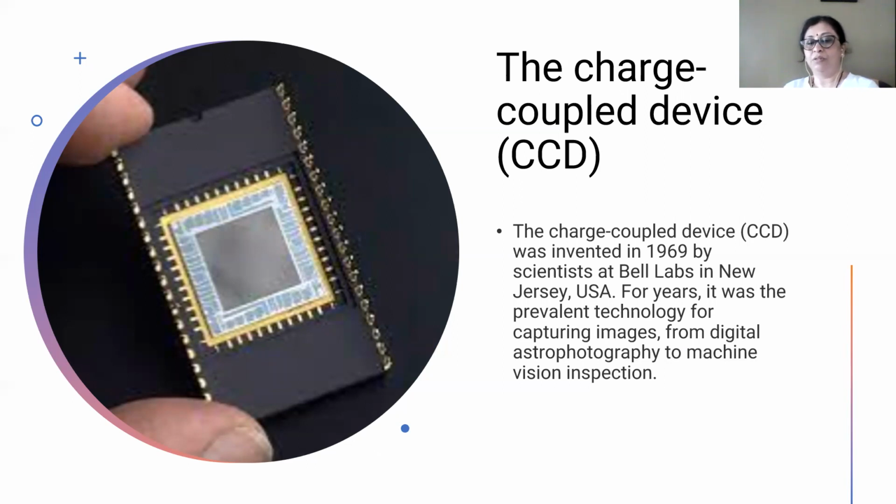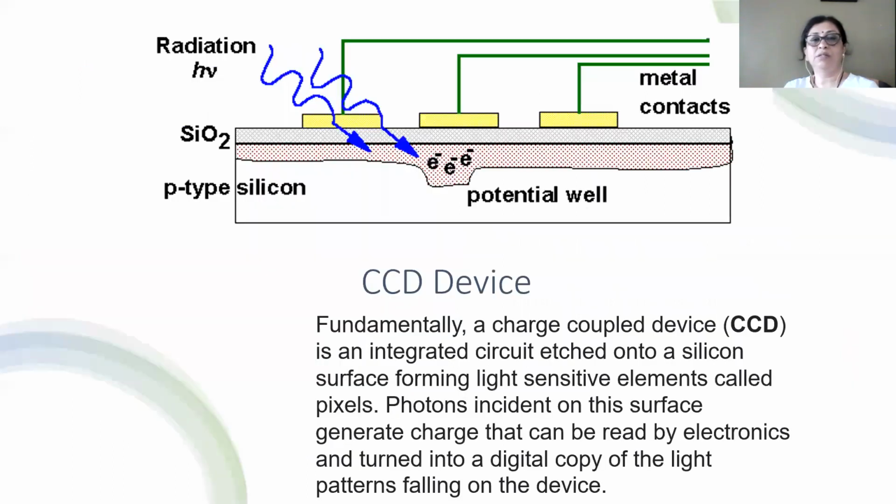So for these, charge coupled devices were used as sensors. Now, here you can see the construction of a pixel of a charge coupled device image sensor.